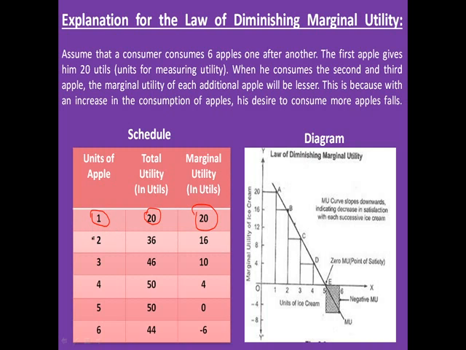Now when the consumer instantly consumes the second unit of apple, his marginal utility is now 16.